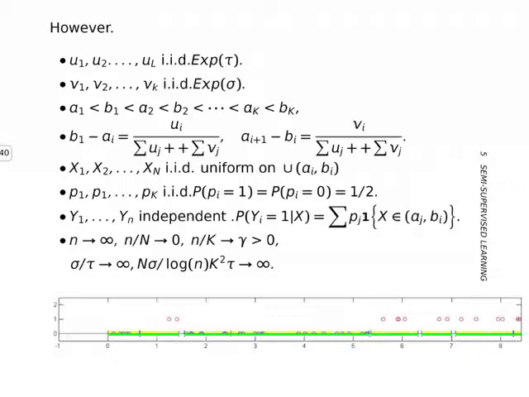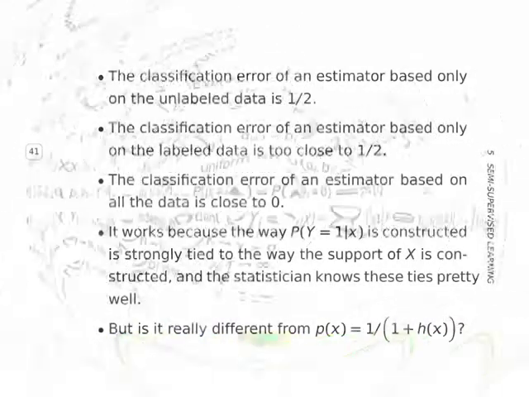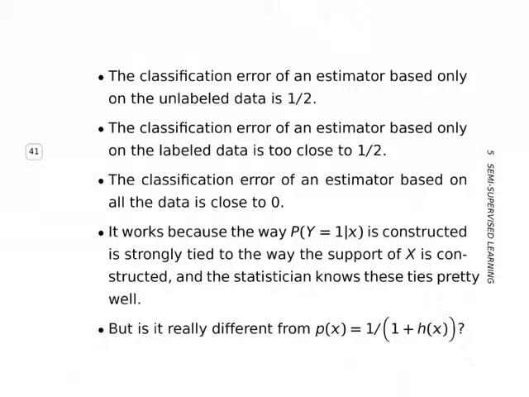So what we have here is the following situation. The classification error of an estimator based only on the unlabeled data is very close to half. It's not half, it's slightly better, but very close to half, because you really don't have enough data. The classification error of an estimator based only on the labeled data is half. Okay, I switched between the two. No, sorry, I read it wrongly.